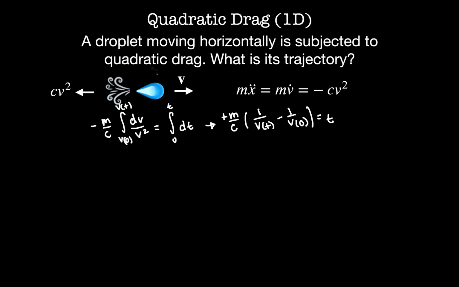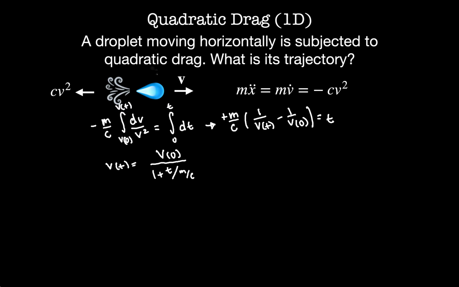So I can rearrange all of this, which gives me a velocity function that looks like v of t is equal to v naught divided by 1 plus t divided by m over c. So m over c is now a time scale.